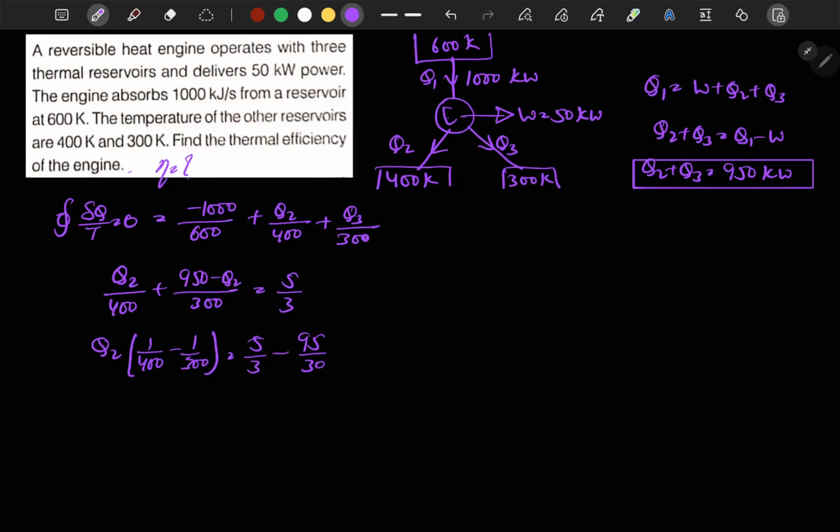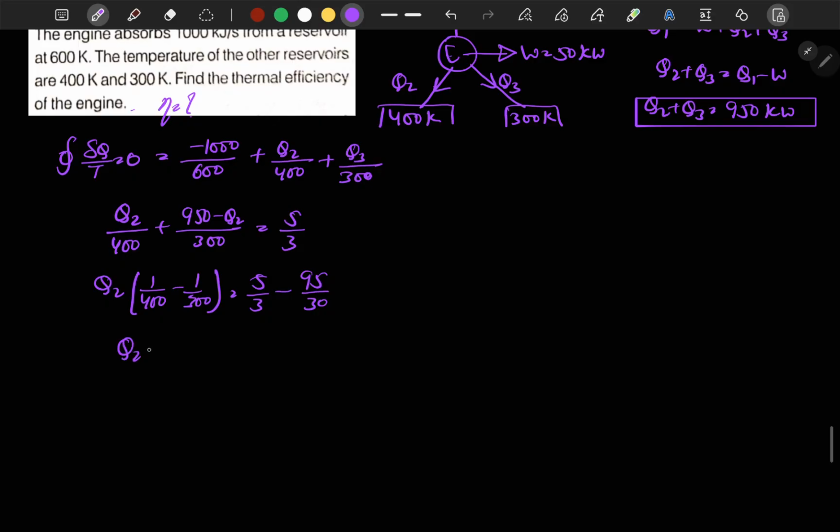From here we get our value of Q2 is equal to 1800 kilojoule.